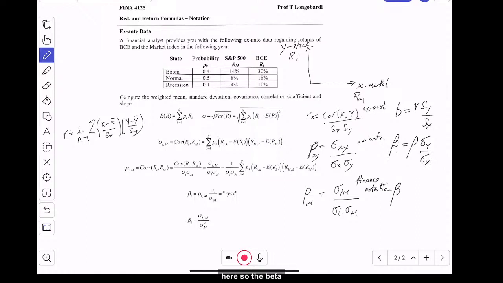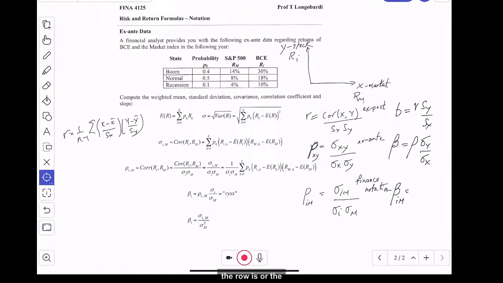So the beta of im for finance is also rho times sigma y over sigma x.